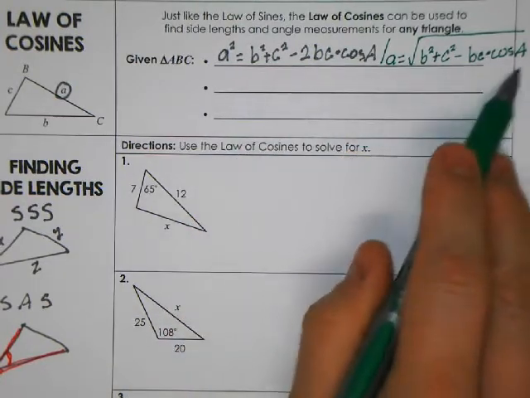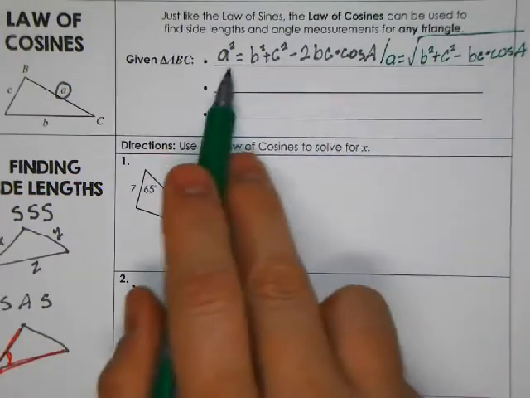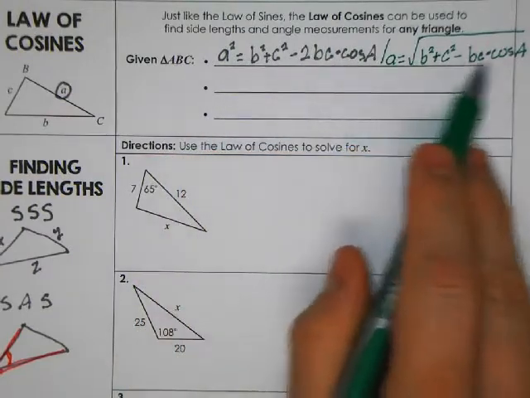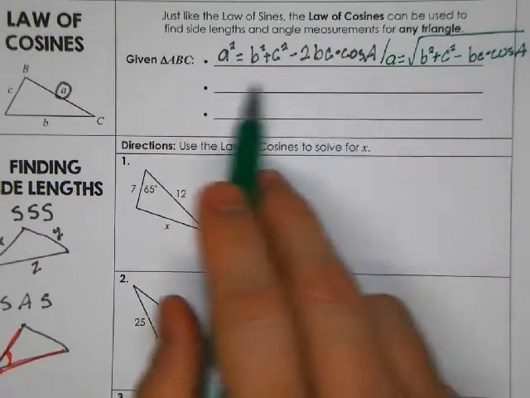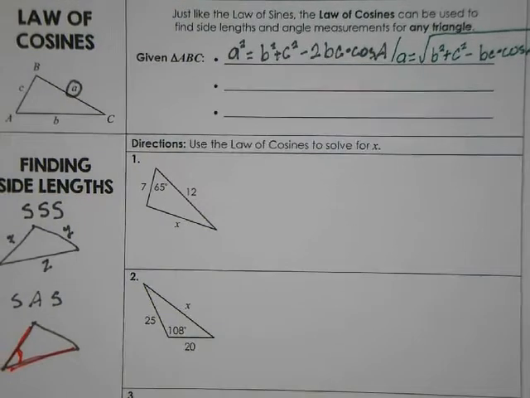Personally, I always have a tendency to go with this one. Maybe I'll do one example just like this, one example just like that. But that's essentially what we're looking at for the law of cosines from the given angle when you're looking for the side that is, in this case, classified as side A.